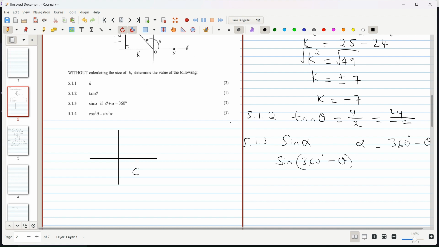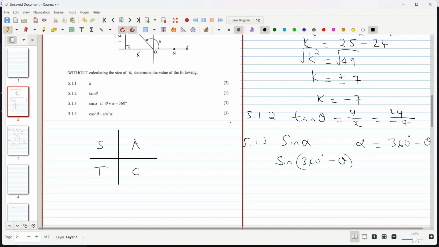This is your fourth quadrant. Only cos is positive. Here, all the functions are positive, and then here, only sine is positive, and then here, only tan is positive. So 360 minus alpha, right?